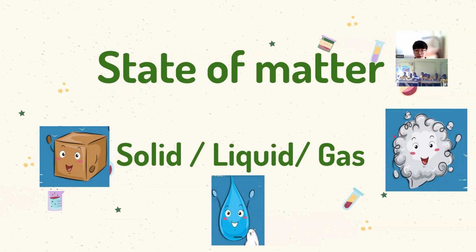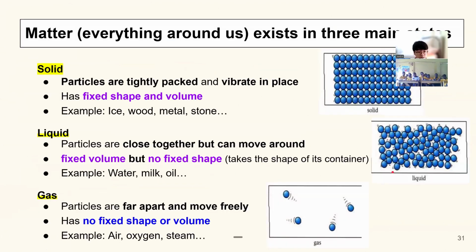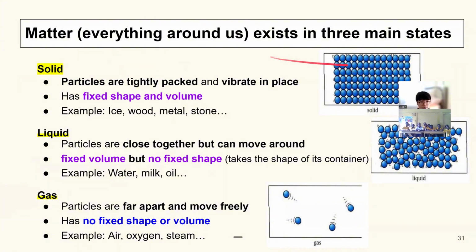So let's look at the states of matter, which are solid, liquid, and gas. Matter exists in 3 main states, and matter really is anything that is around us. Even things like air, and any objects that we can see and touch, are all matter.